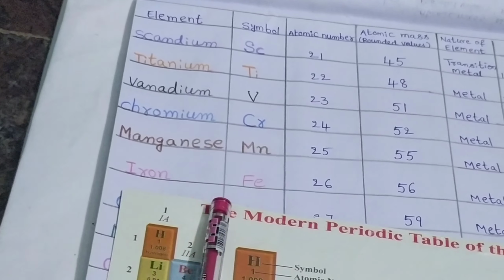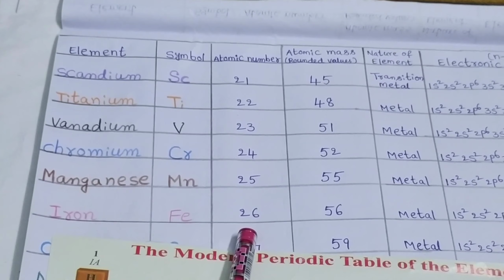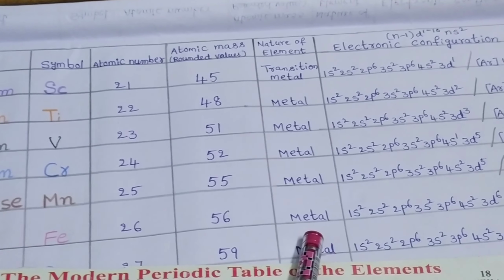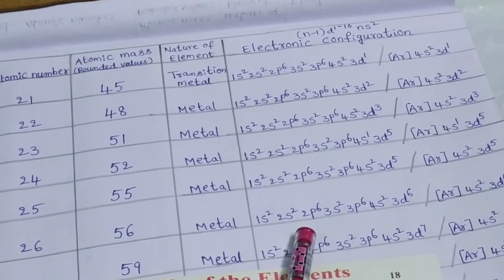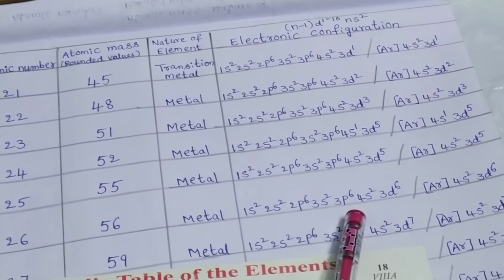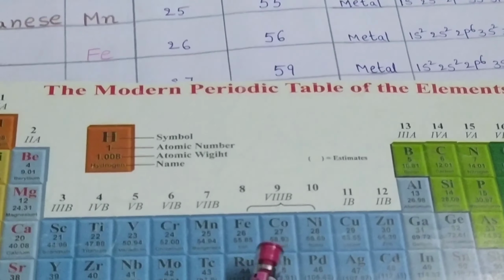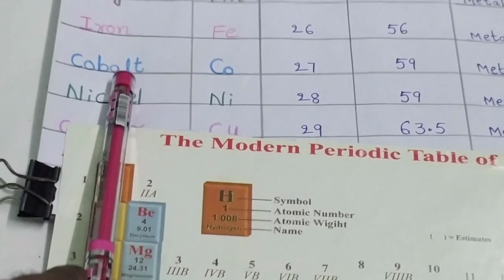Next, iron. The symbol is Fe. Atomic number 26. Atomic mass 56. It is an example for metal and the electronic configuration can be written as 1s2, 2s2, 2p6, 3s2, 3p6, 4s2, 3d6 because iron is the sixth element in the d block. Next element, cobalt.